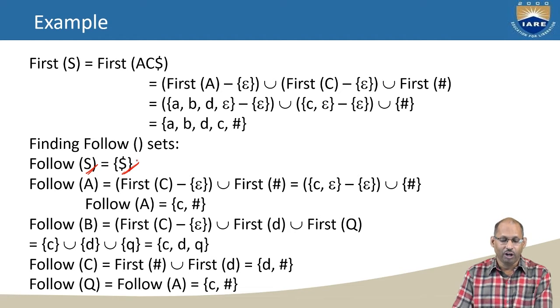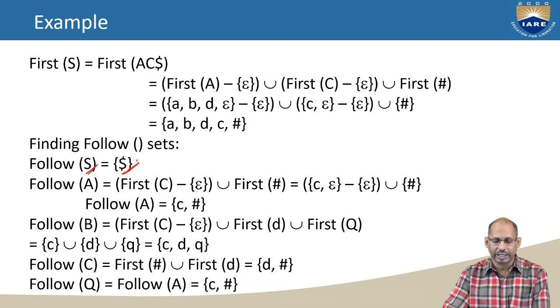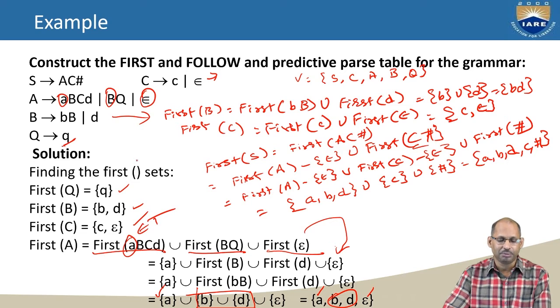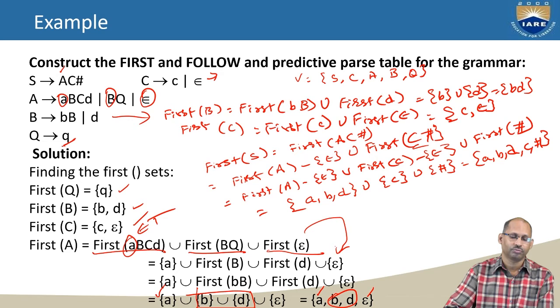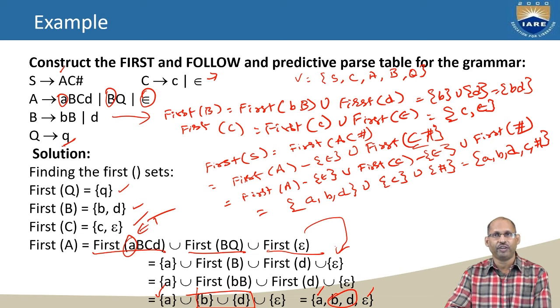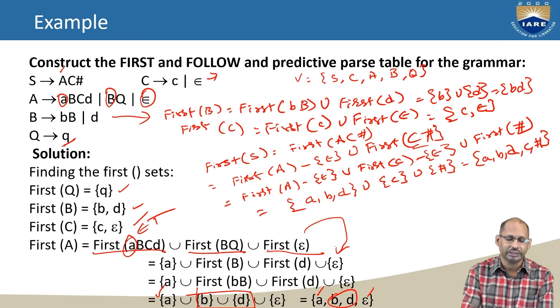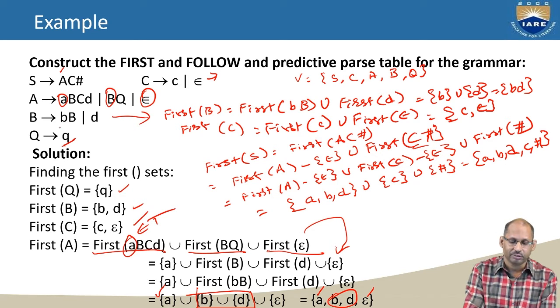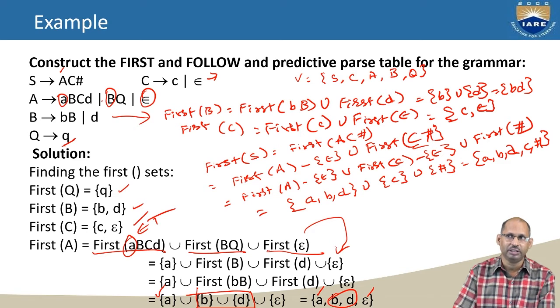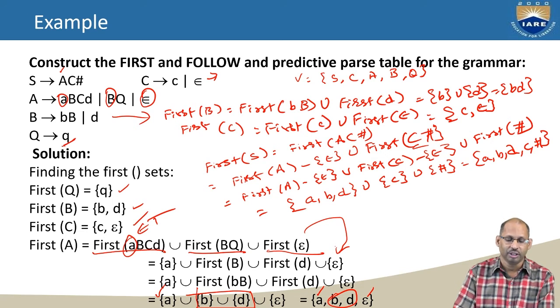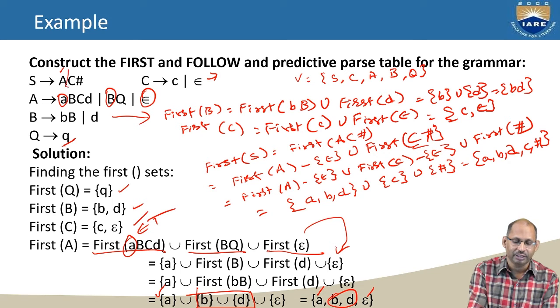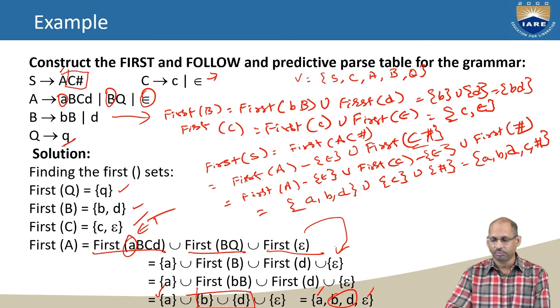Now follow of A we need to find. To find follow of A, how many places is A present? A is present here. So first of C we have to consider. Is A present in any other production? A is not in other productions. So simply we consider C hash.